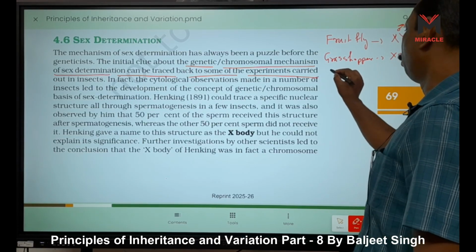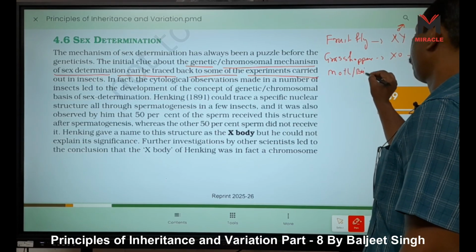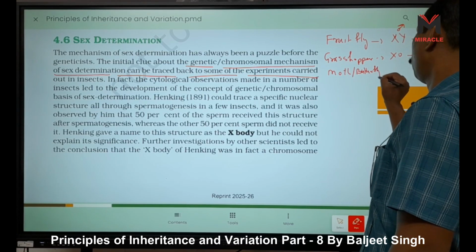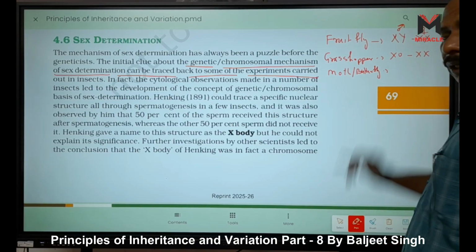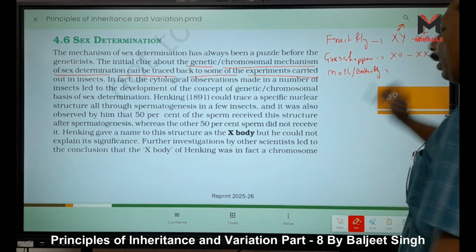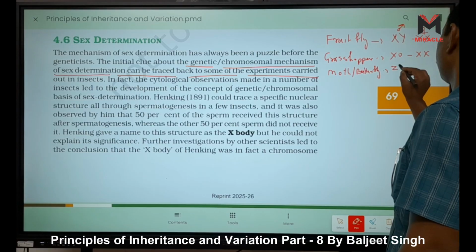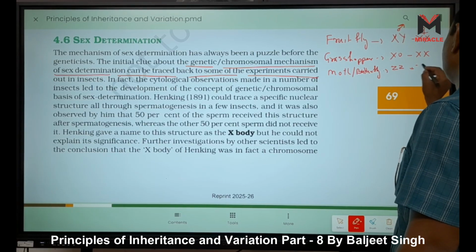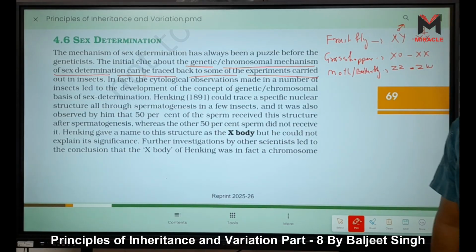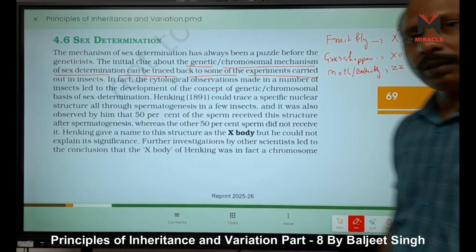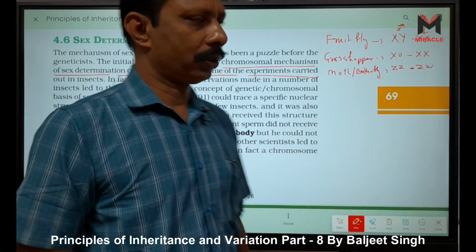When we see moths or butterflies, they show heterogamety in the female, and this is also present in birds, right?